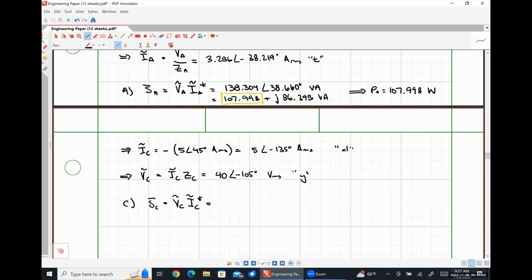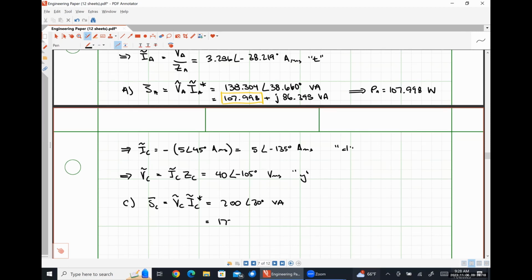So that's going to be Y times conjugate of D, which I get to be 200 angle 30 degrees volt amperes in polar form, or 173.205 plus J100 in rectangular form.